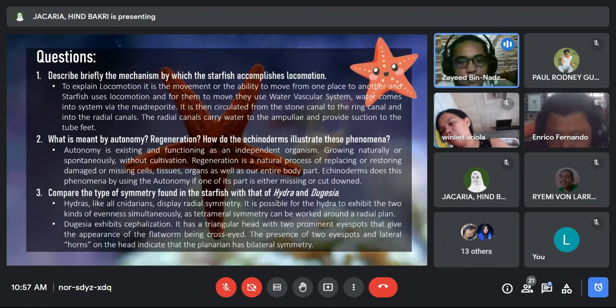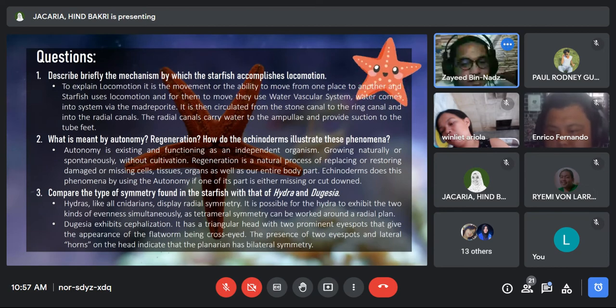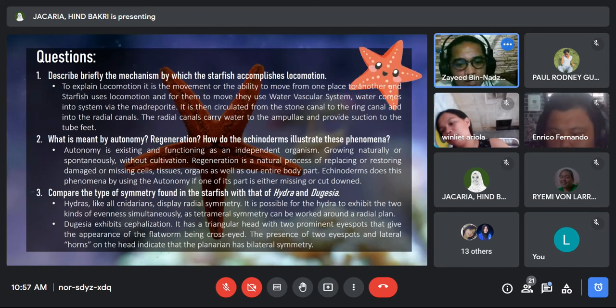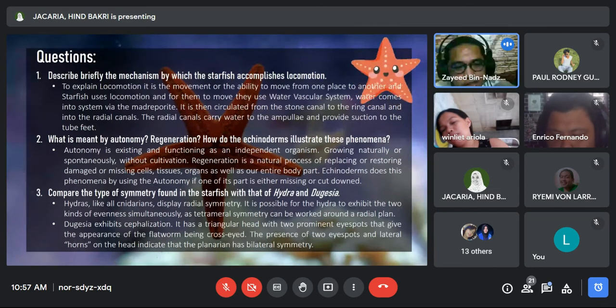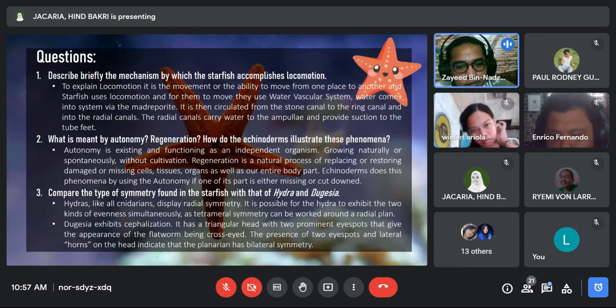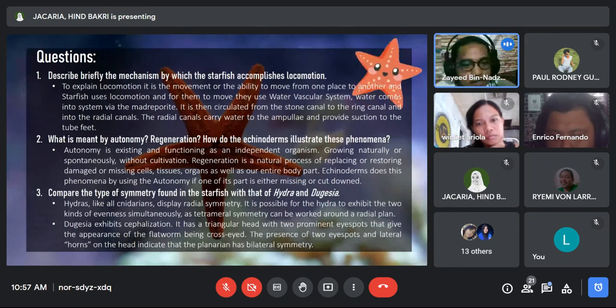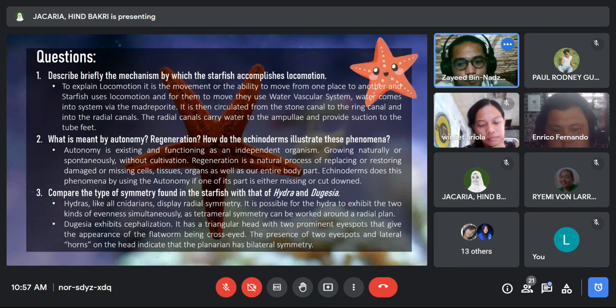The next one is the Dugesia. It exhibits cephalization. It has a triangular head with two prominent eye spots that give flatworms the appearance of being cross-eyed. The presence of two eye spots and lateral horns on the head indicates that planarians have bilateral symmetry.